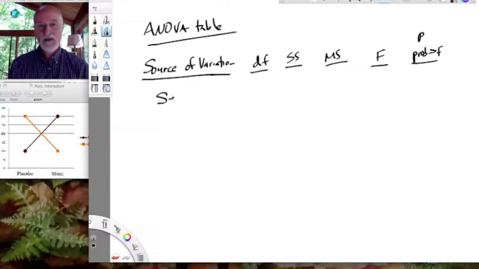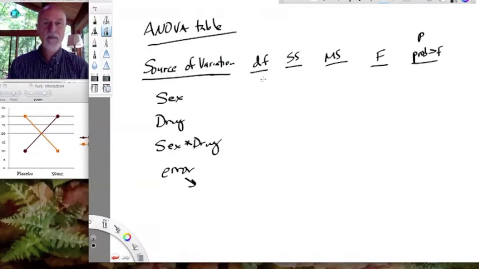So we have our effects in the model: sex, drug treatment, sex cross drug treatment that we've set up, and this will come out, and error. By the way, this is usually obtained from the whole model analysis, and we just write that line in here.